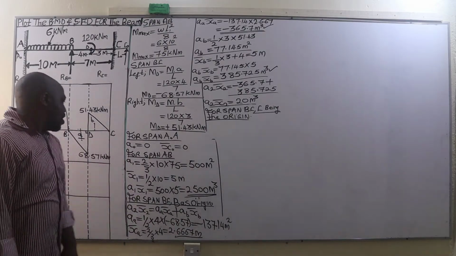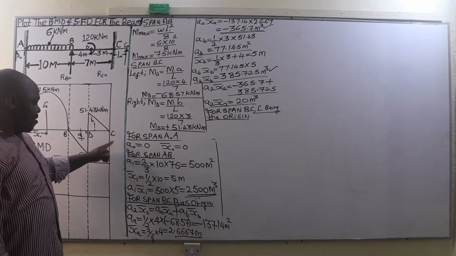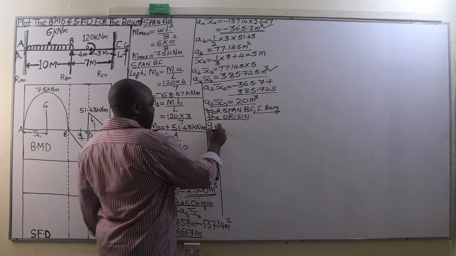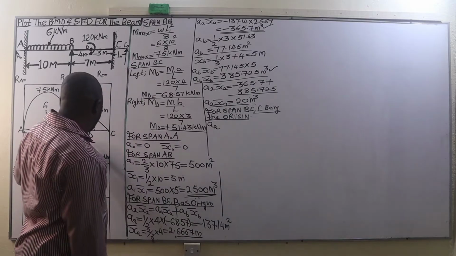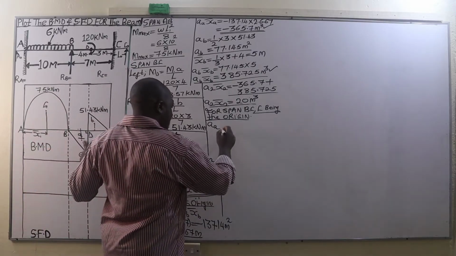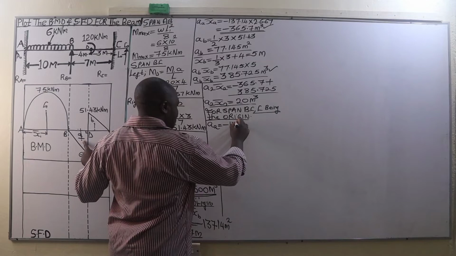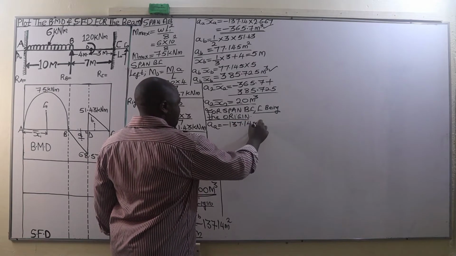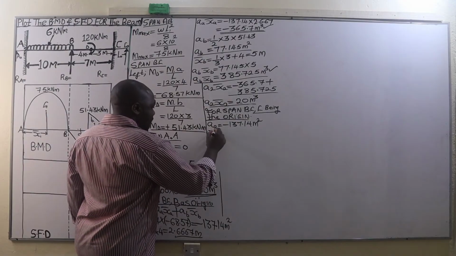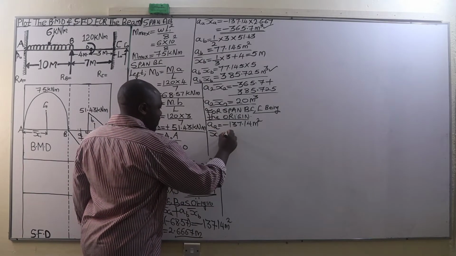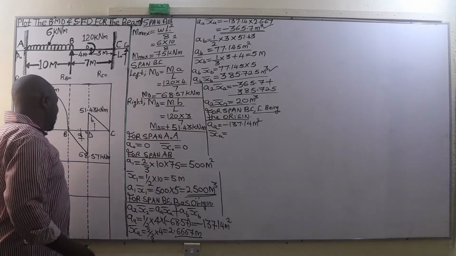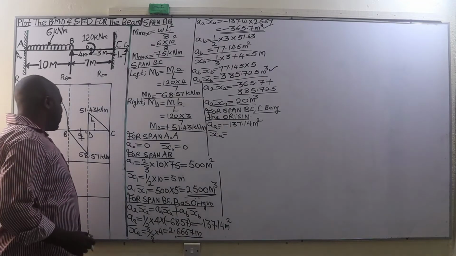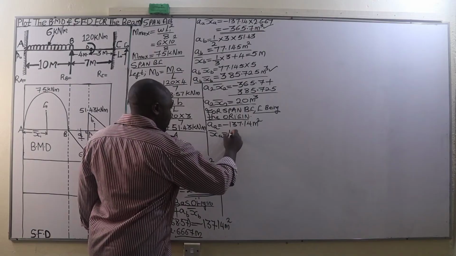So when we add the two, with C being the origin, we are going to get the value of A2 bar X2. We have the area of this triangle, which is negative 137.14 square meters. Bar XA, C being the origin, will be given by a third of the base of this triangle, which is a third of 4.